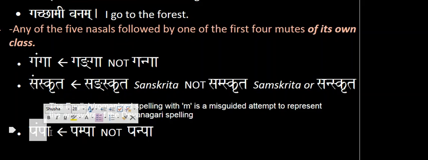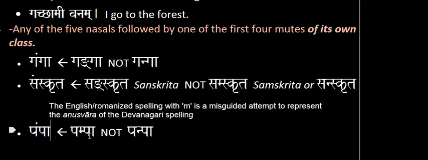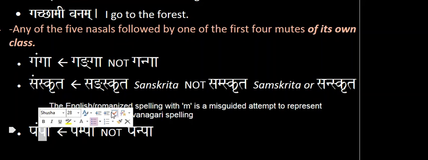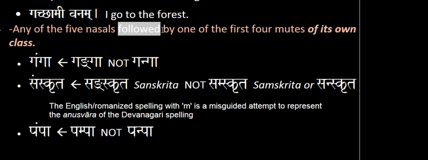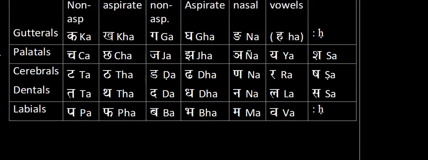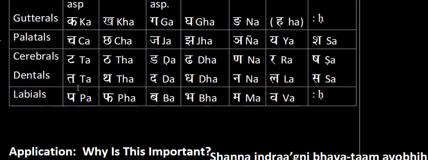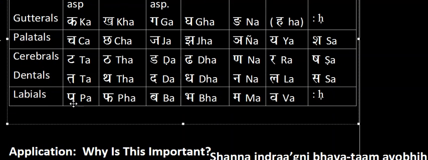For pampa, okay? For pan, it's actually pampa and it's not panpa. Why? For the same reason. Pa is a letter that is following the anuswar. So pa belongs to the labials. See, pa is right over here. This is pa.